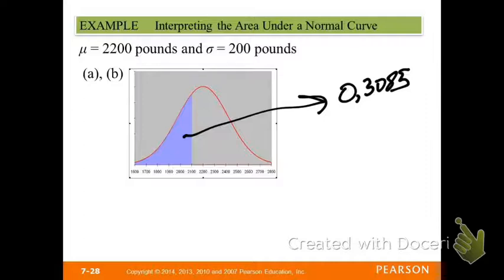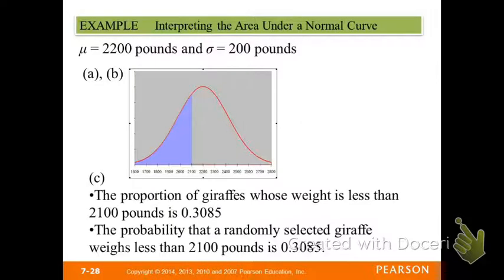All right, so the two possible interpretations of that, and you guys have this PowerPoint, are that we would expect a proportion of 0.3085 of giraffes to have a weight less than that, and or 30.85% of the giraffe population has a weight of less than 2,100 pounds.